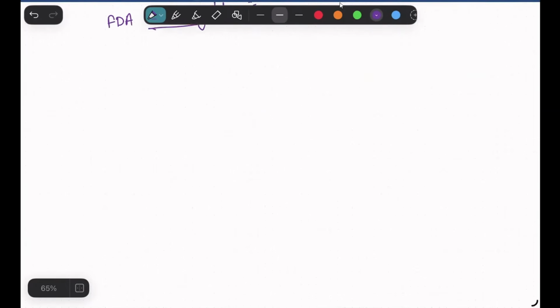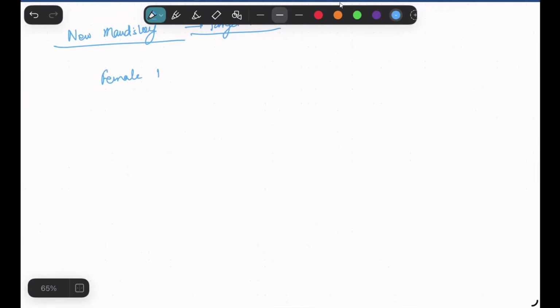So as per the new Maudsley, you need to remember this: what is actually the target dose in different patient groups. As per the new Maudsley, what is the target dose? Easy to remember.